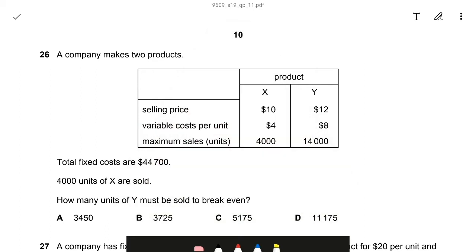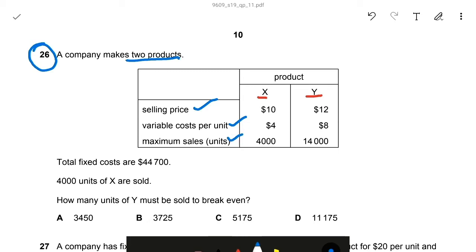In this video, we are going to solve question number 26 to 30. Let's start. Question number 26. A company makes two products, product X, product Y. They are given selling price, variable cost, maximum sales in units.